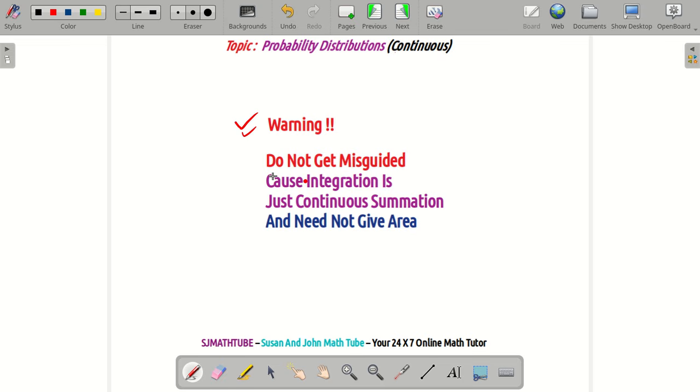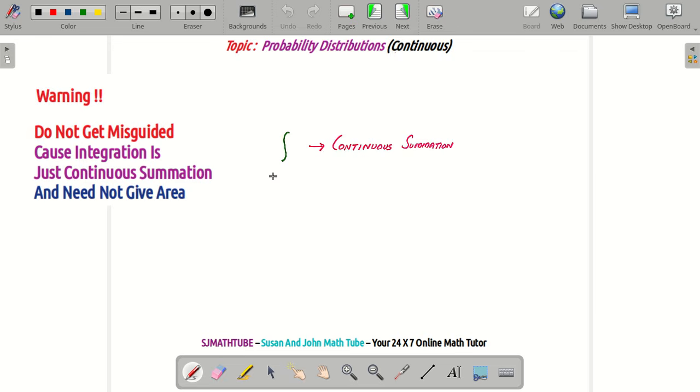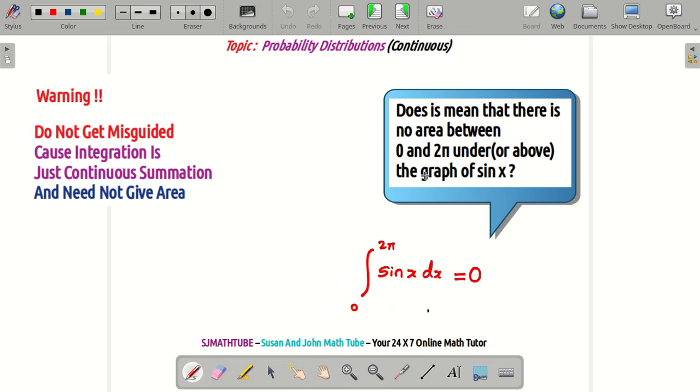And here I am warning you, integration may not give us an area. So, take a look at this. If you integrate the function sin x into dx between 0 and 2 pi, you're going to get the answer 0. But does it mean that there is no area between 0 and 2 pi under or above the graph of sin x?